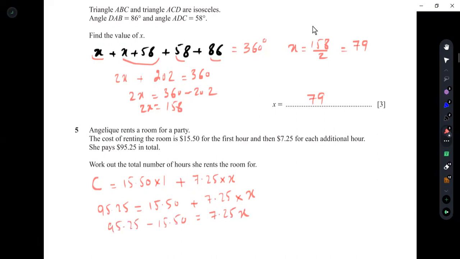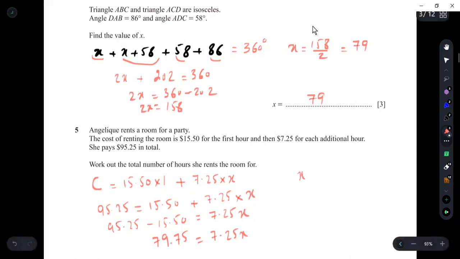So 95.25 minus 15.50 becomes 79.75, which equals 7.25x. So we need to find x alone. 7.25 is being multiplied with x, so we have to divide on the other side.